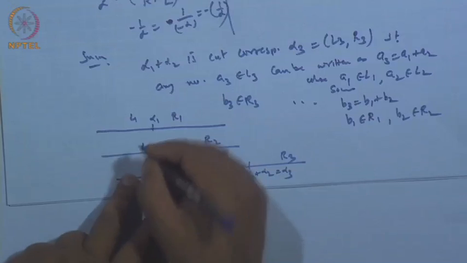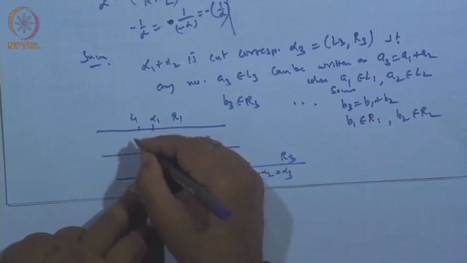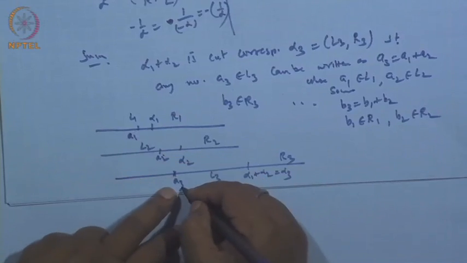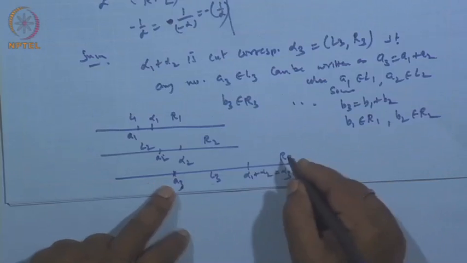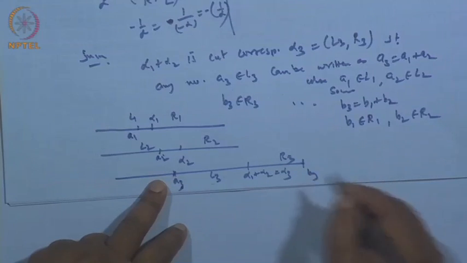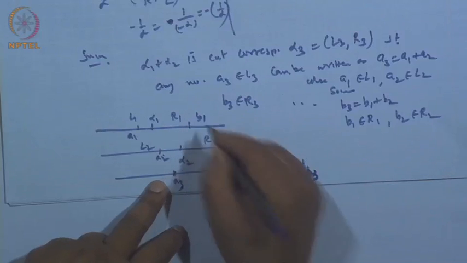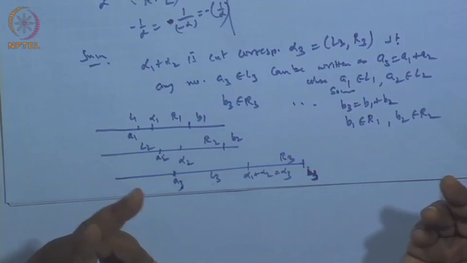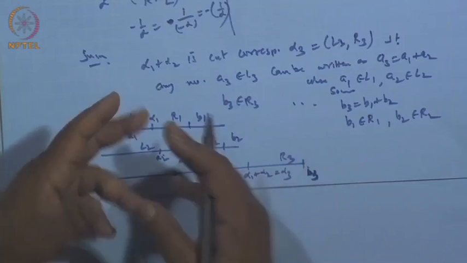Now if I take any point A 3 here, then corresponding to it we get a point A 1 here, A 2 here, such that A 1 plus A 2 becomes A 3. Similarly, if we take a point B 3 here somewhere, then we can find B 1 here, B 2 here, such that B 3 can be written as B 1 plus B 2. Clear? Similarly, subtraction, multiplication and other.